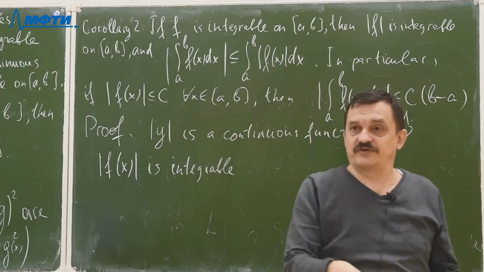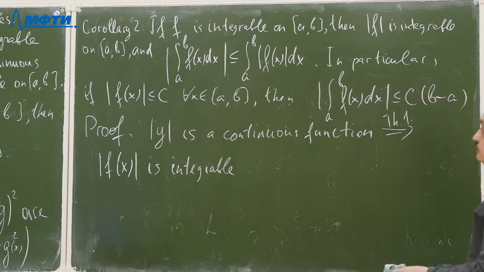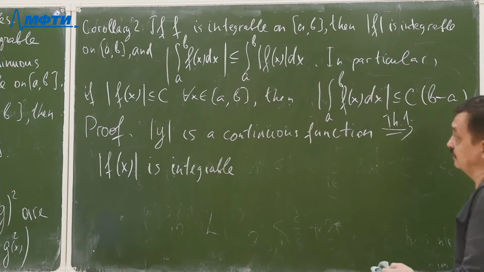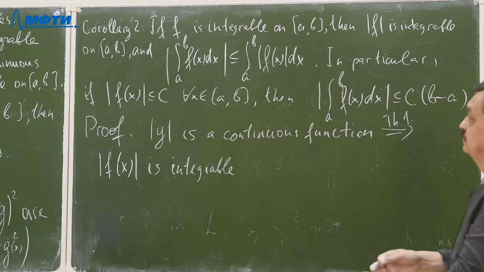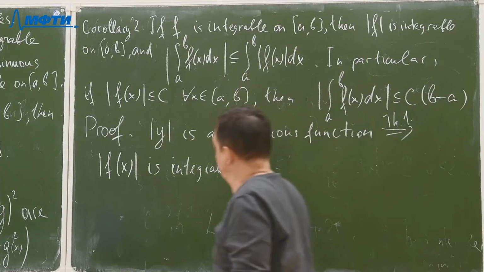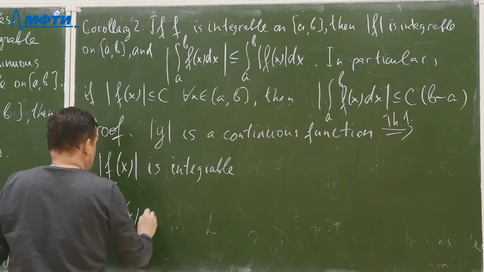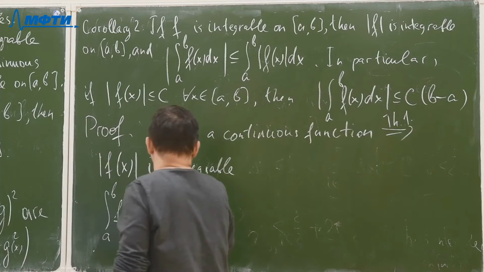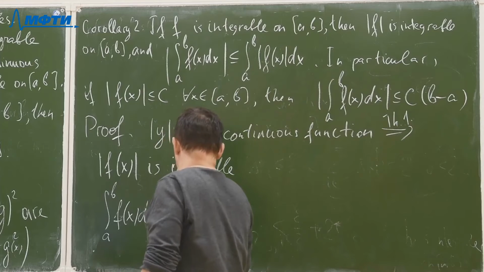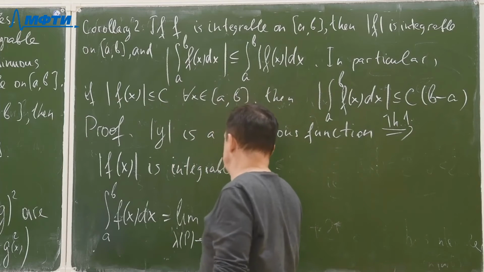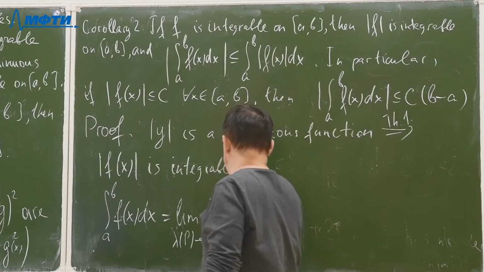So a continuous function of an integrable function is integrable. And then look, so both integrals are well defined, and now look, we know the integral is a limit of integral sums when the norm of partitions tends to 0. Let me write the integral sum explicitly.